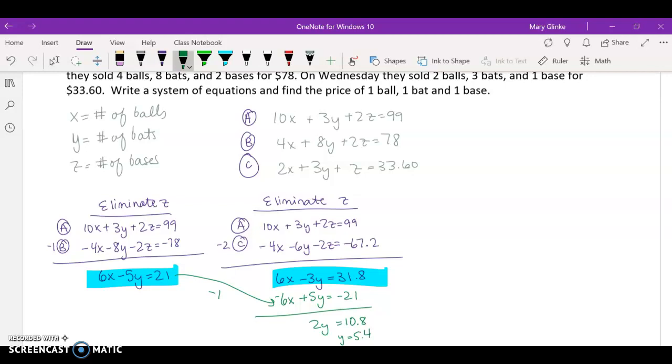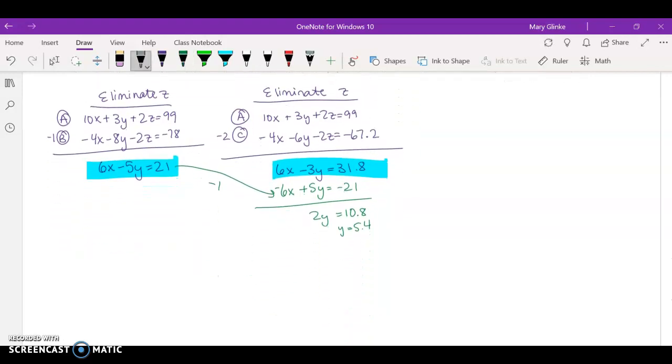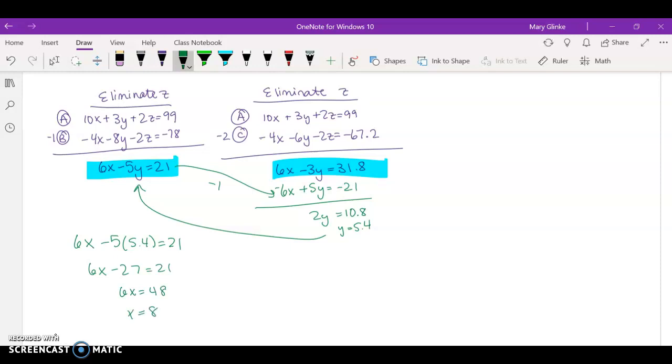Then you can pick either equation to go back one level. So if y equals 5.4, I can plug that back in. So we get 6x minus 27 equals 21. 6x has to be 48, so then x has to be 8.